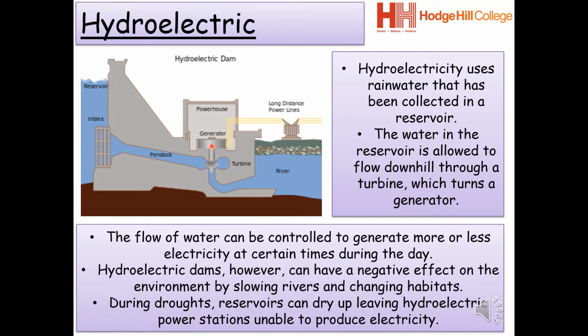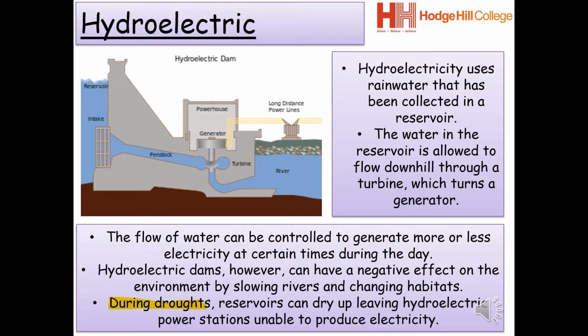The kinetic energy of the turbine blades is converted to electricity by a generator. Hydroelectricity is renewable, so there's very little pollution, and it also produces a lot of electricity.